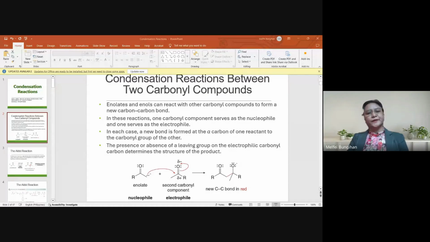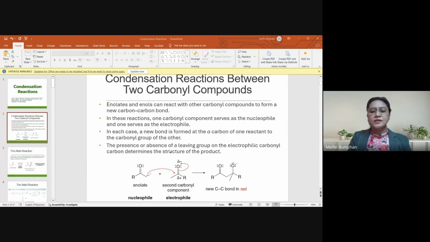So in aldol reactions, two molecules of an aldehyde or a ketone react with each other in the presence of a base. You have here your hydroxyl, and it forms a beta-hydroxy compound.